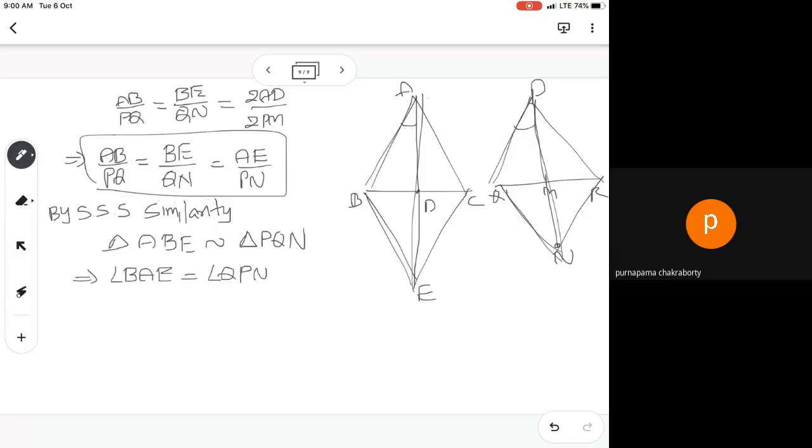So similarly, there is no need to write all the steps again. You can write similarly. You can prove that triangle ACE is similar to triangle. Nabanita, can you say? AC is similar to what triangle?